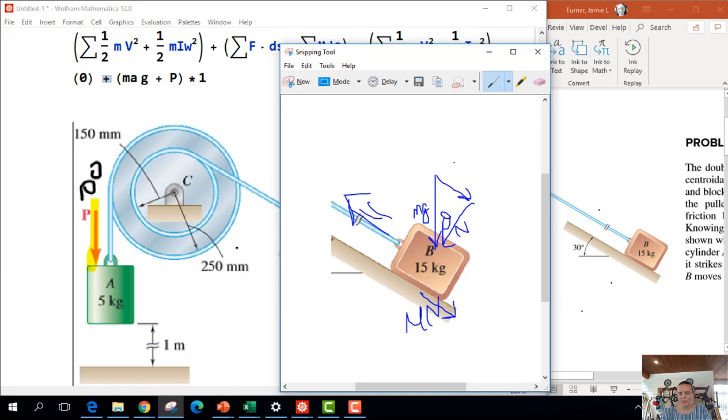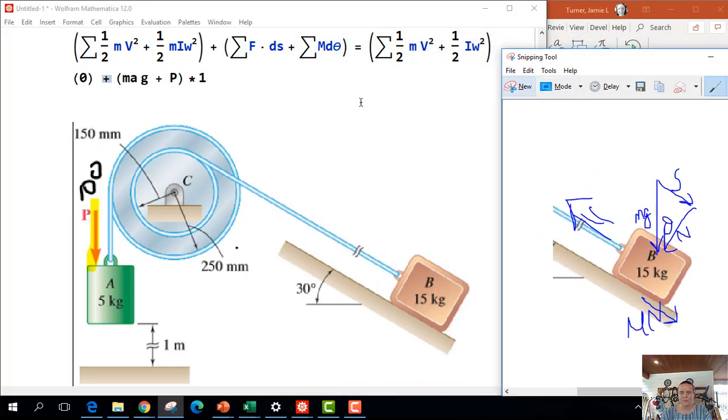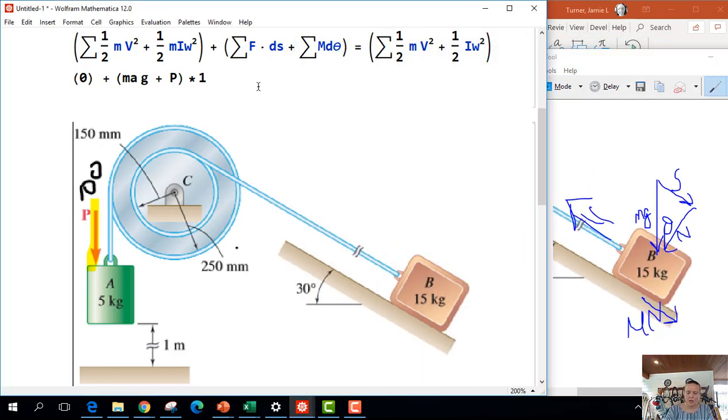So sine versus cosine. This is the sine part of it, this is the cosine part of it. Sorry, I'm trying to draw with my mouse here. Okay, so for B, all those forces are slowing it down. There's mg sine theta, that's the chunk of the weight.